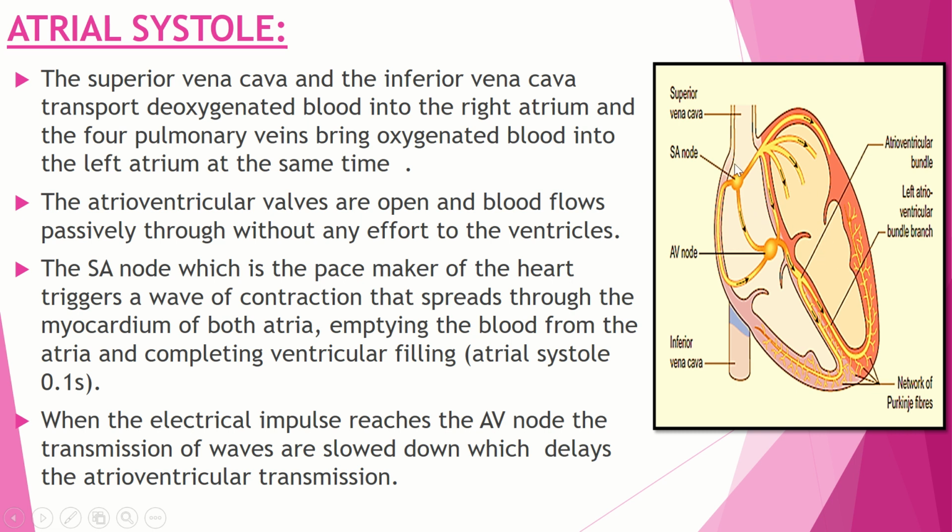The deoxygenated blood comes to the right atrium from the superior vena cava and the inferior vena cava. Both carry deoxygenated blood from all the parts of the body and bring it to the right atrium. The left atrium has four openings, the pulmonary veins.